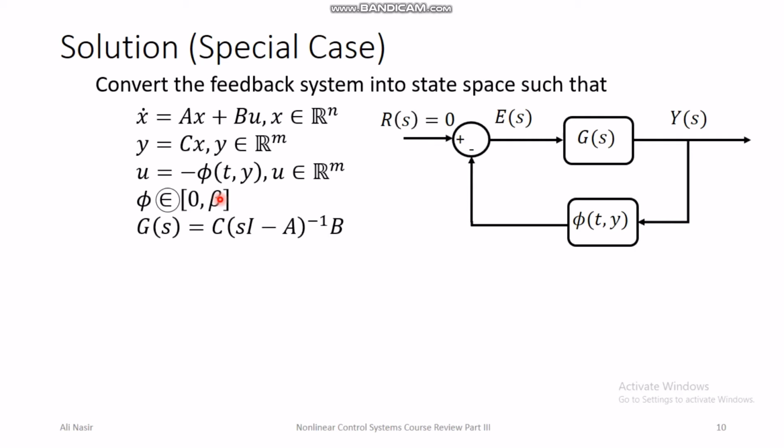If this type of sector occurs, then this LTI system with nonlinear feedback can be represented by the corresponding state space system, where x dot equals Ax plus Bu and y equals Cx, and u is equal to the nonlinearity, minus phi of t comma y. This is the state space representation of the LTI system with nonlinear feedback, and it can be converted into a transfer function using C times (sI minus A) inverse times B.